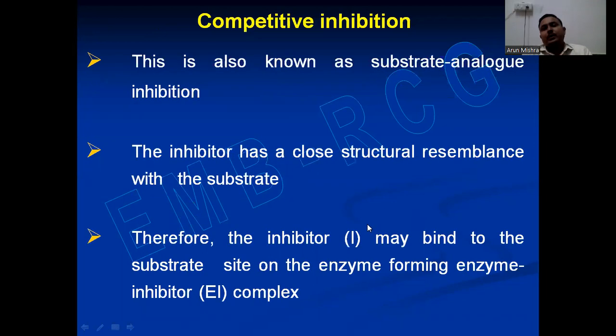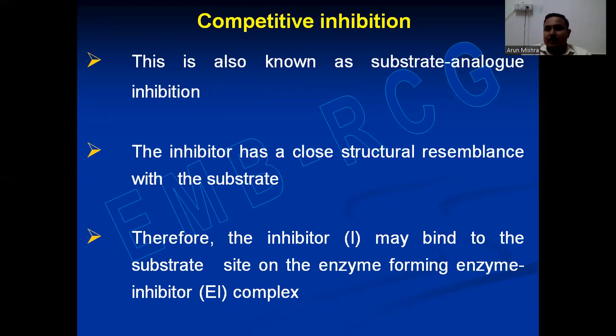Competitive inhibition is an inhibition in which the substrate and the inhibitor compete together. They have a competitive nature towards each other because the inhibitor is an analog of the substrate. This simply means the inhibitor has a close structural resemblance to the substrate.